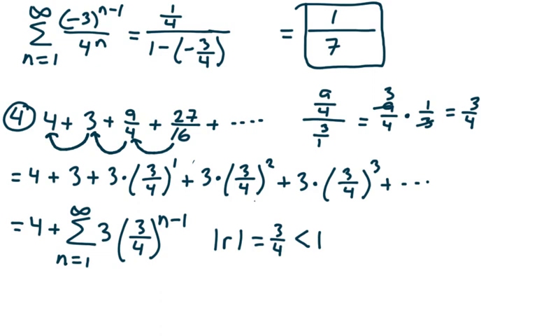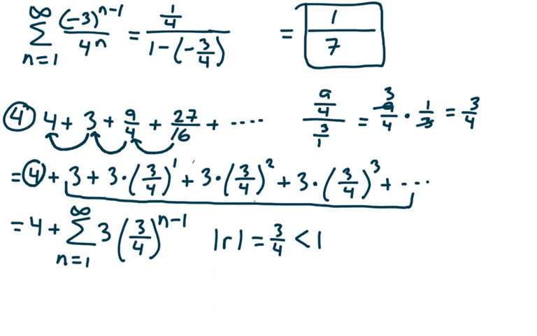Now, what I did is I decided to leave that 4 alone, okay? So in other words, I'm going to write the rest of these terms in closed form. And so I get 4 plus 3 plus, and then I noticed 3 times 3/4 ended up being 9/4. 3 times 3/4 to the second, I claim, is 27 over 16.